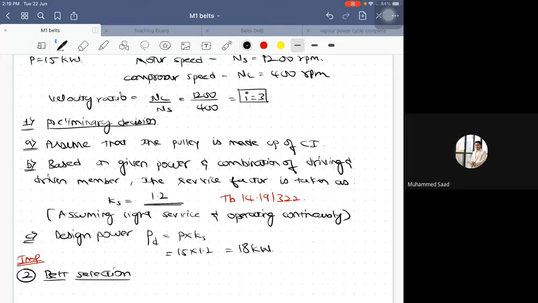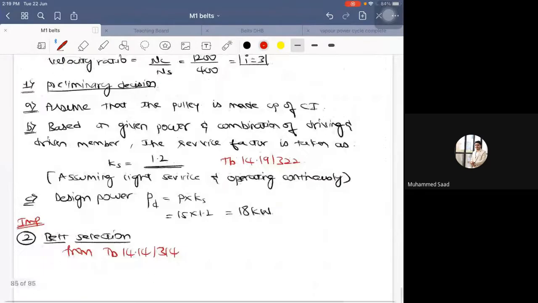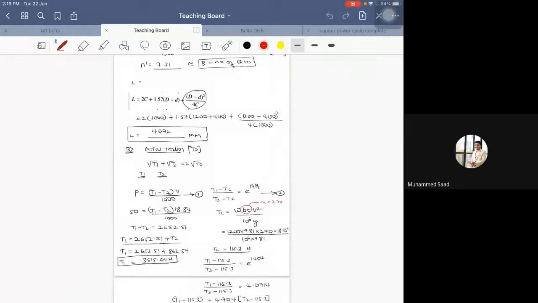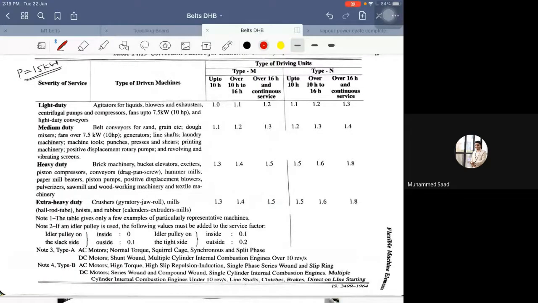For that, you may have to refer to table number 14.14, page number 314. So all of you just move to that table.